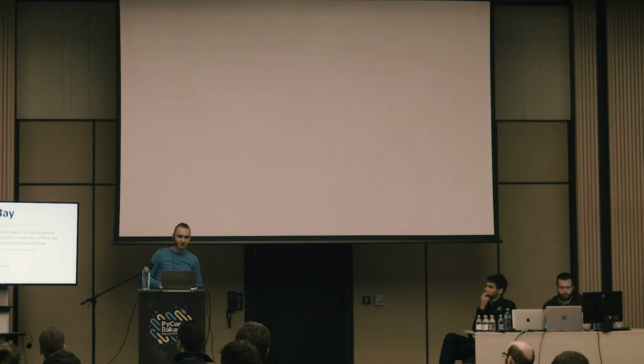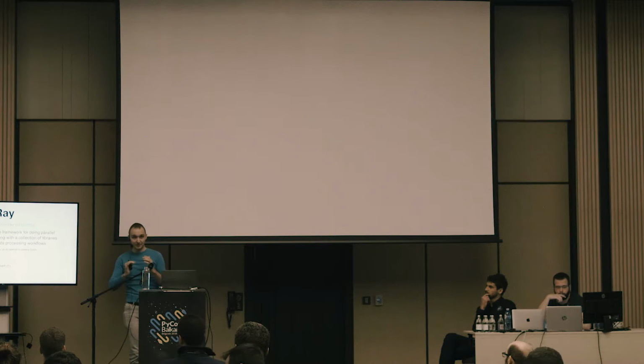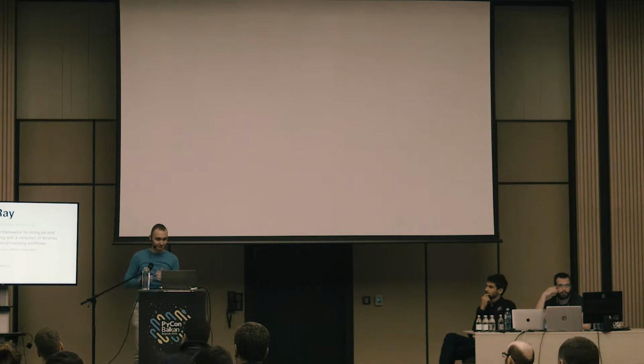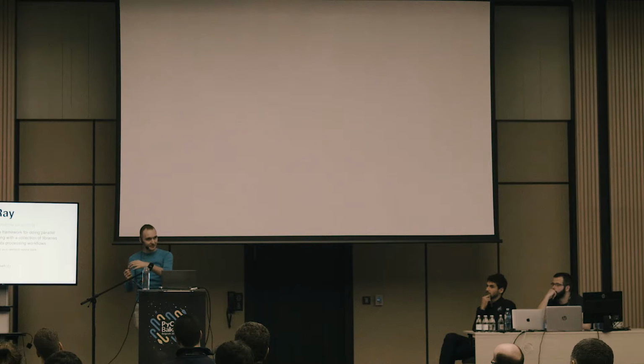Ray is a general-purpose framework for doing distributed and parallel Python, along with a collection of nice libraries that do data processing. It's developed by some of the same people that developed Spark at UC Berkeley. And instead of focusing on the streamed, batched processing that Spark does, Ray is focused on doing really fast live predictions, live decisions.